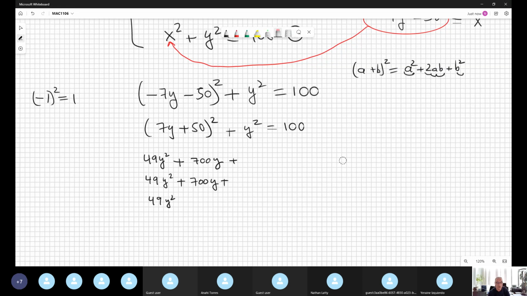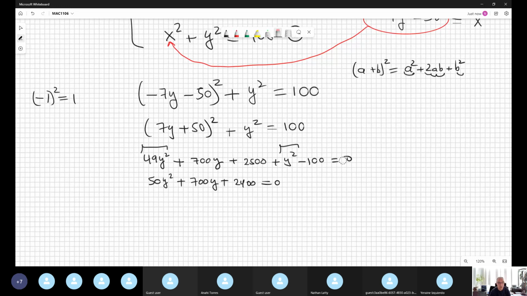The order was correct. It was 2500, I forgot only y squared minus 100 equal to 0. So this is 2400 equal to 0. But this is 49 and this is 1, que together is 50. So it is 50 y squared. Okay, cool.